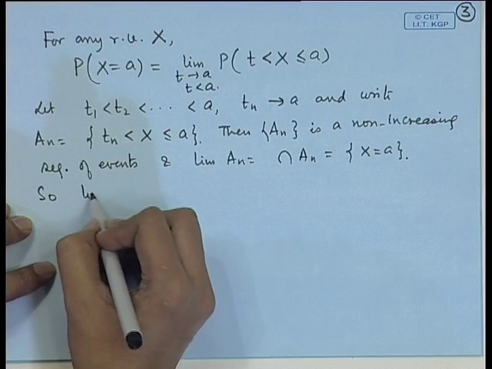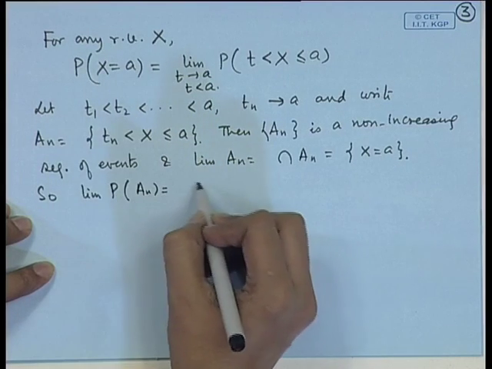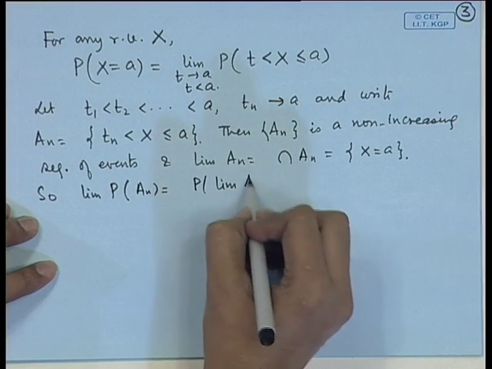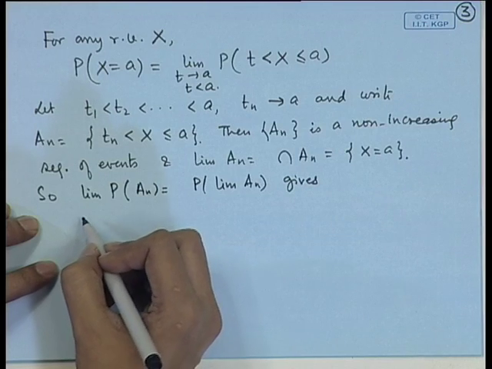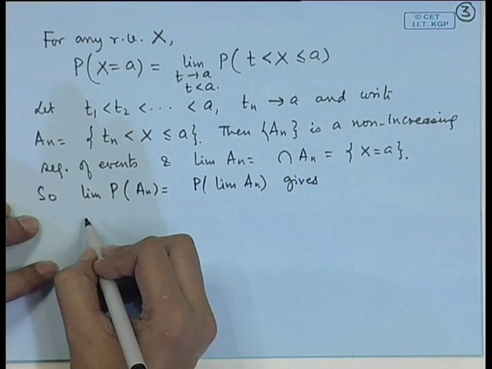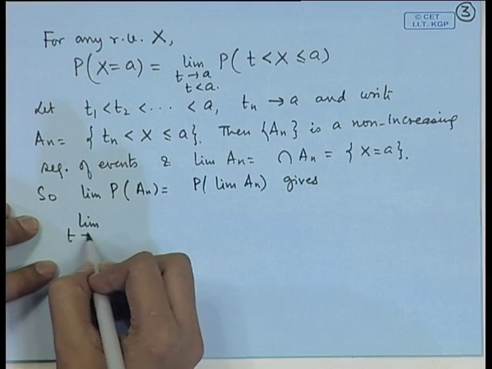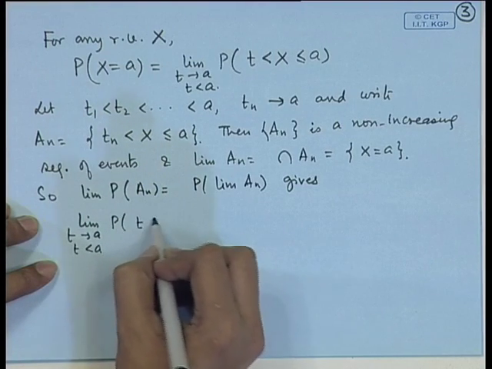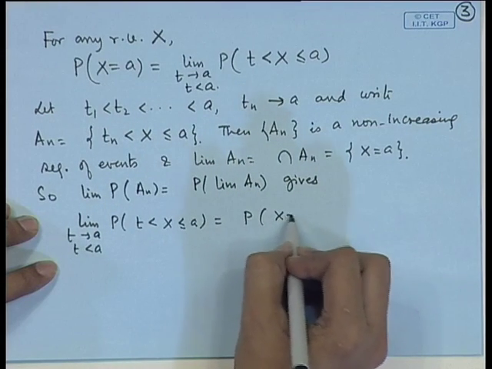So, the limit of the probability of A_n is equal to the probability of the limit of A_n. This statement is equivalent to: the limit, t tending to a, t less than a, of the probability t less than X less than or equal to a is equal to the probability X is equal to a.